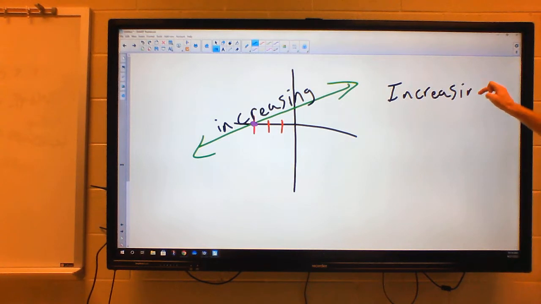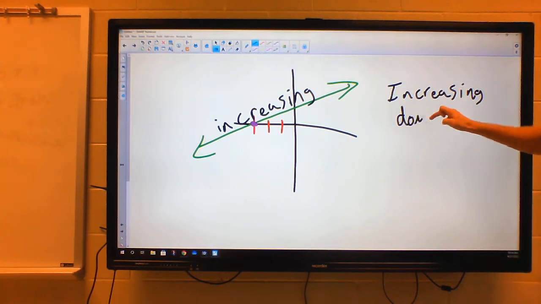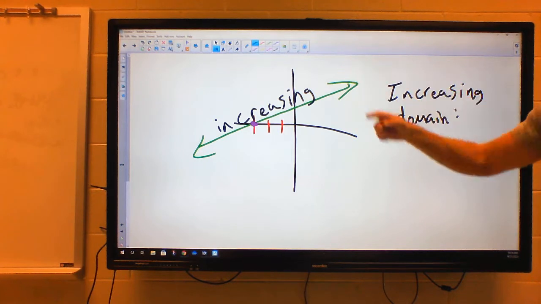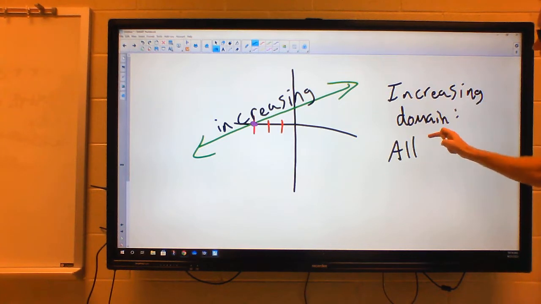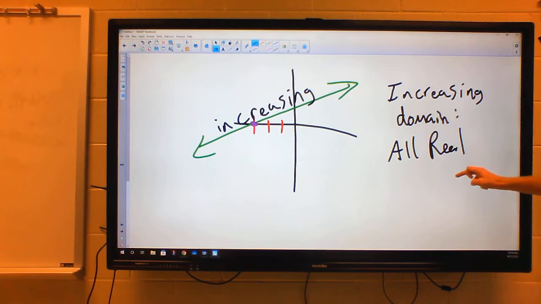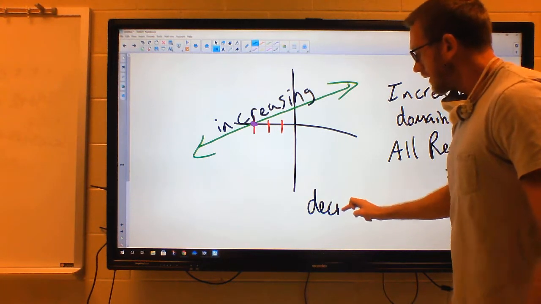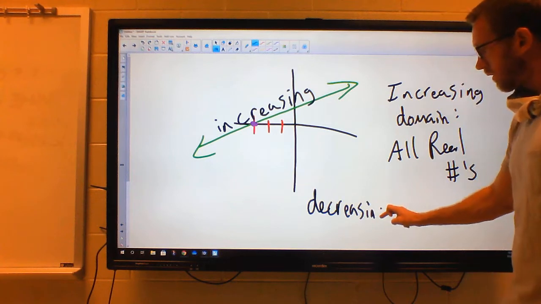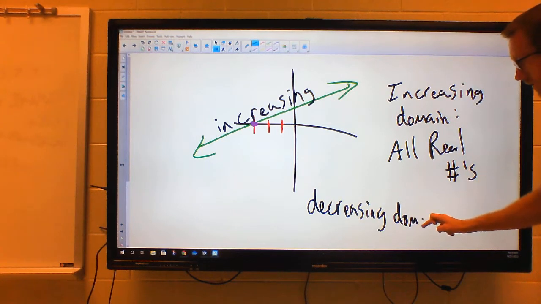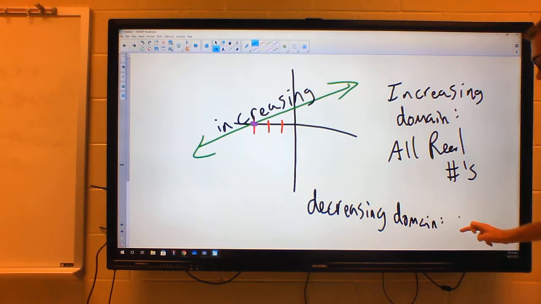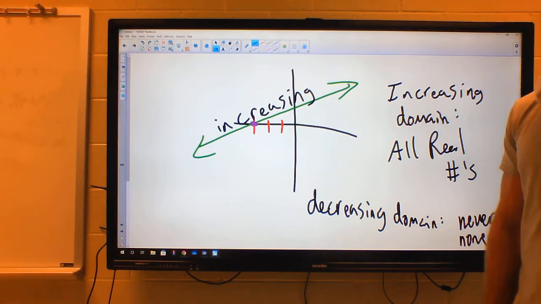So our increasing domain, going back to a previous concept, is all real numbers, and our decreasing domain would be never. It never is decreasing, or there is none. There is no domain for where it's decreasing.